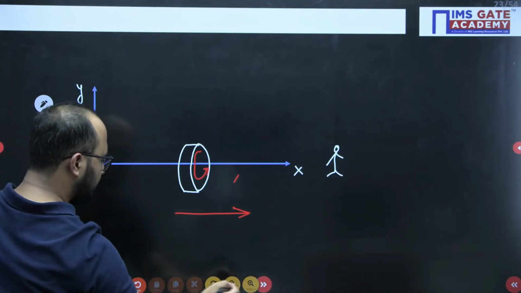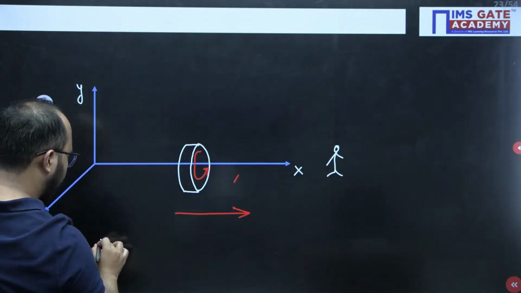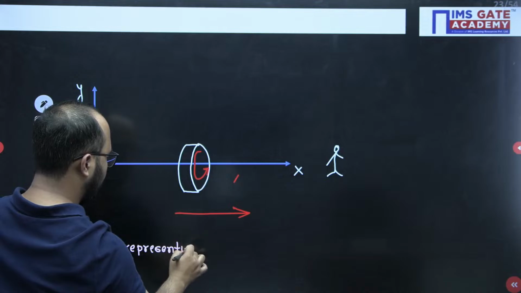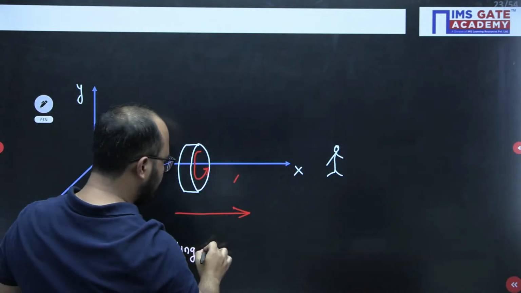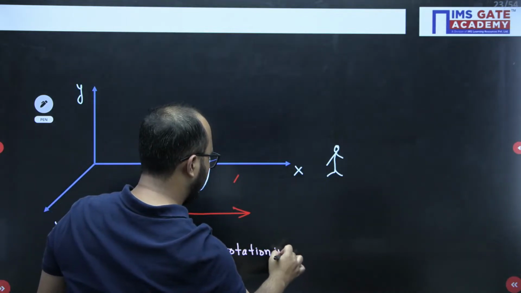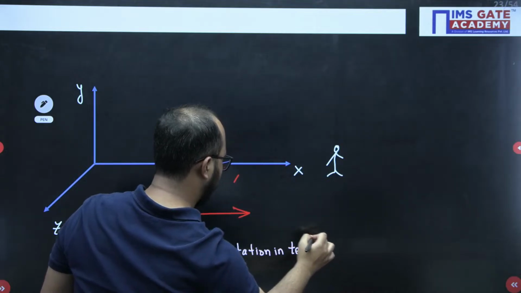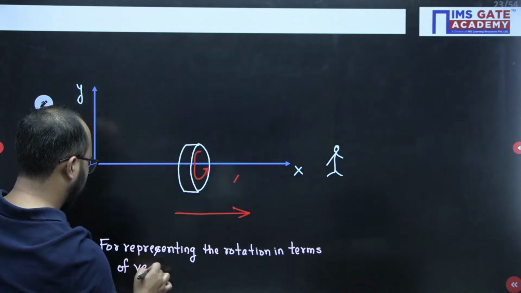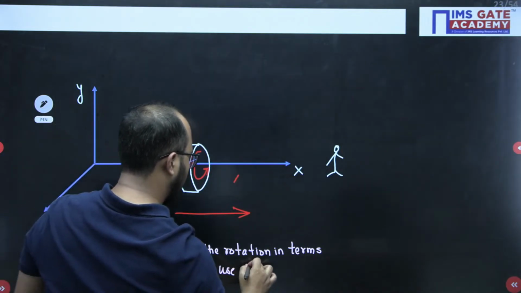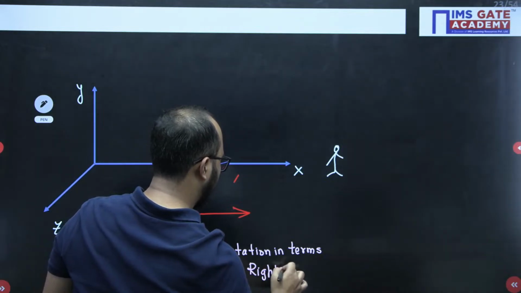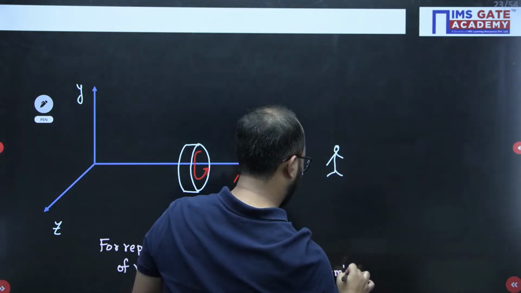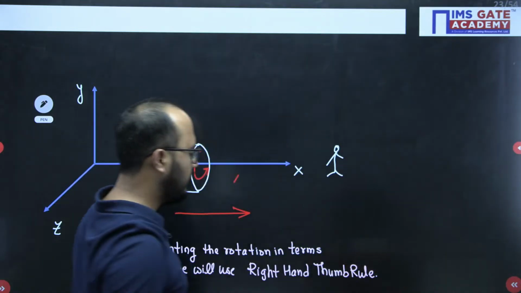For representing the rotation in terms of vector, we will use the right hand thumb rule.